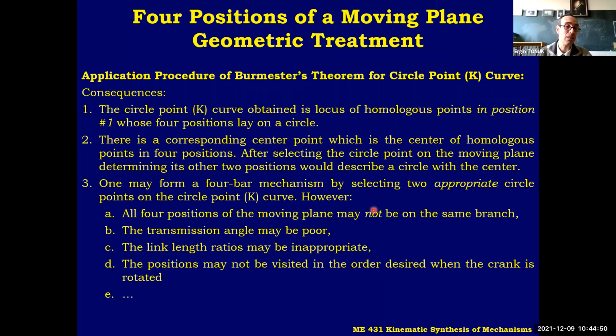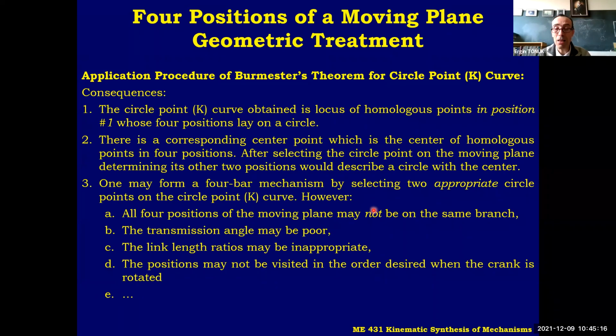If you assemble it in a position that is in another branch, it won't move to the other positions, or if you assemble it in other positions, then it won't move to that position. So we have to first check that the mechanism passes through all 4 positions.